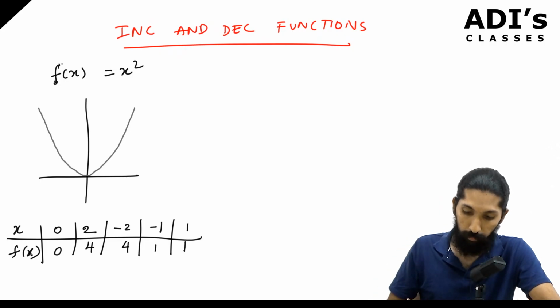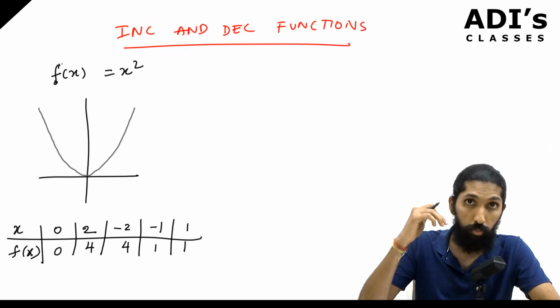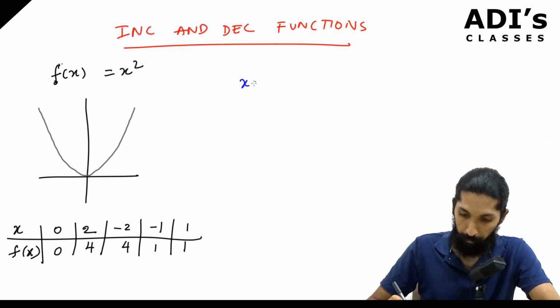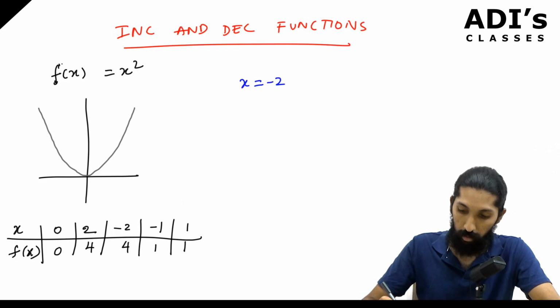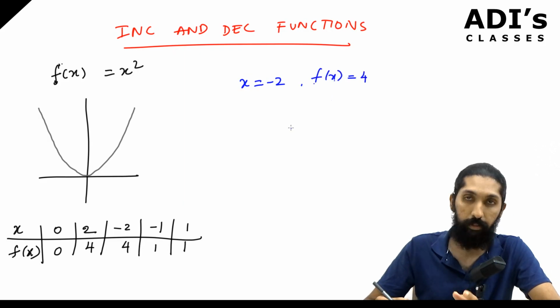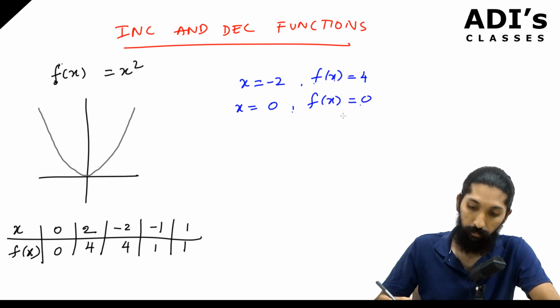Now, what we'll do is take a value. Let's say we take x is equal to minus 2. So your f of x value is 4, correct? Now, take x is equal to 0. Now, f of x value is 0.